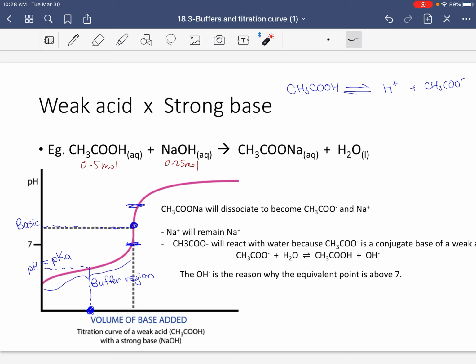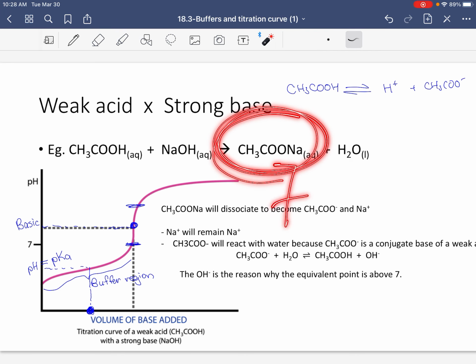But let's continue. Why is the equivalent pH not 7? We know the equivalent point is when the moles of this equal the moles of this. Let me just get rid of these numbers. But why is this not 7? Isn't that a salt?